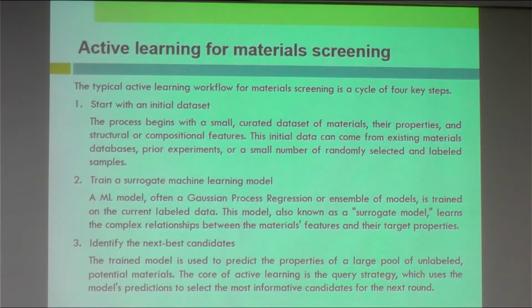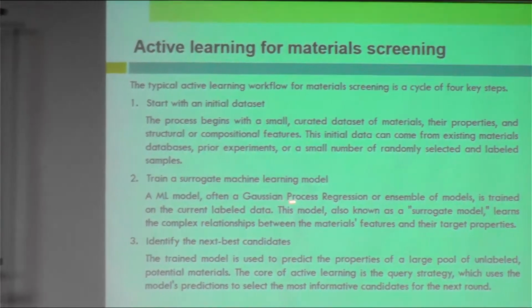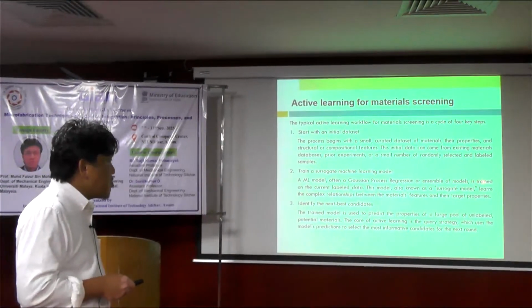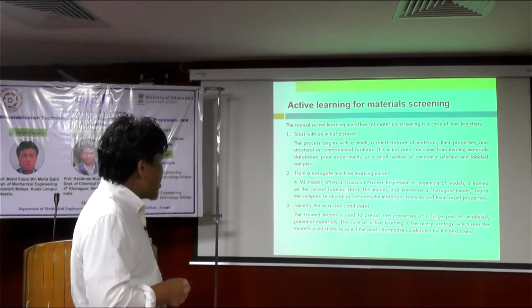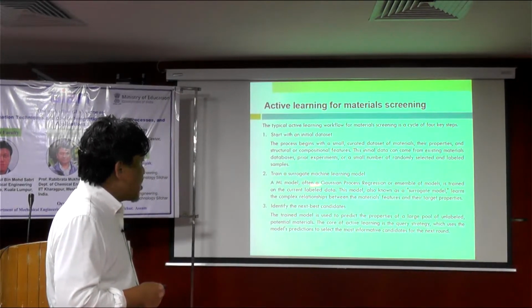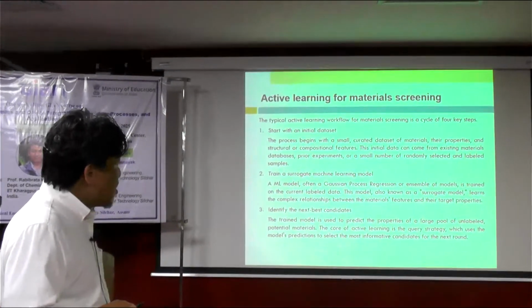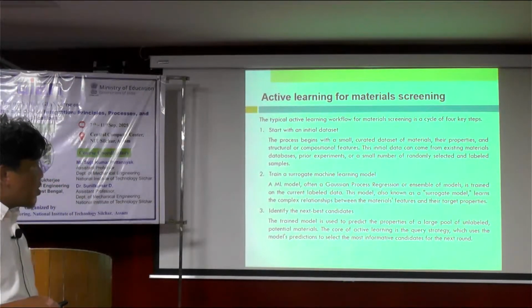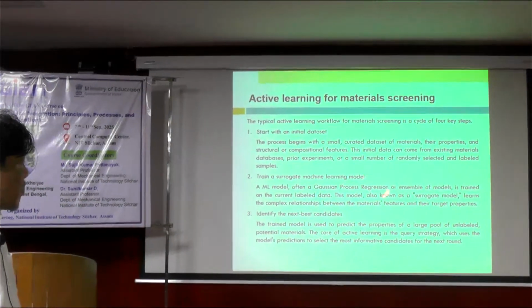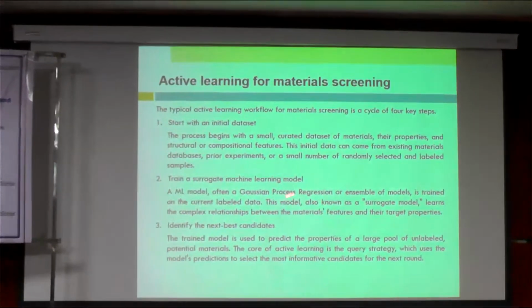And number 2, train a surrogate machine learning model. A machine learning model, often Gaussian process regression or an ensemble of models, is trained on the current labeled data. So the training needs to be done on the data set in order to understand correctly what will be needed for the development.